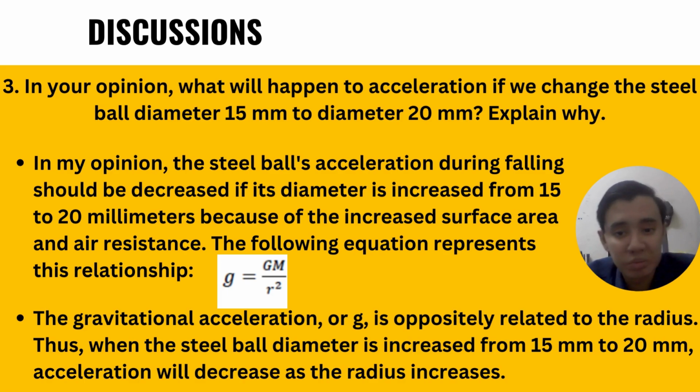The following equation represents this relationship: g equals capital G times capital M over R squared. The gravitational acceleration, g, is inversely related to the radius. When the steel ball diameter is increased from 15 mm to 20 mm, acceleration will decrease as the radius increases.